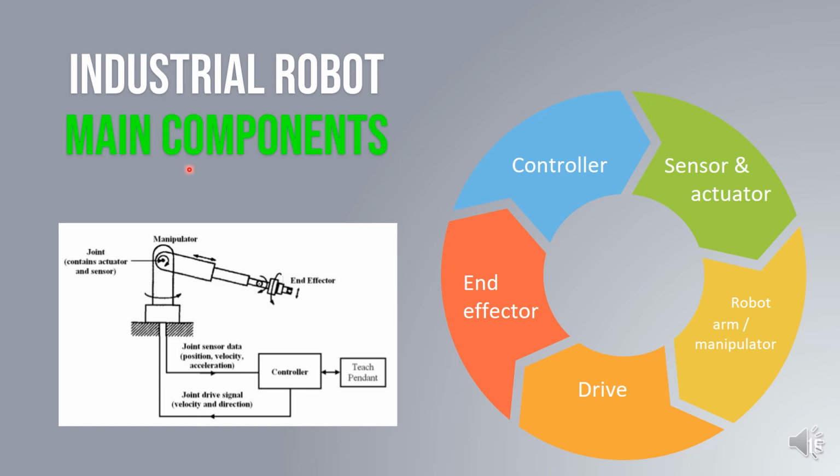Industrial robots consist of several main components such as controller, sensor and actuator, robotic arm or manipulator, drive, and end effector. The details regarding these components will be covered in the subsequent part.